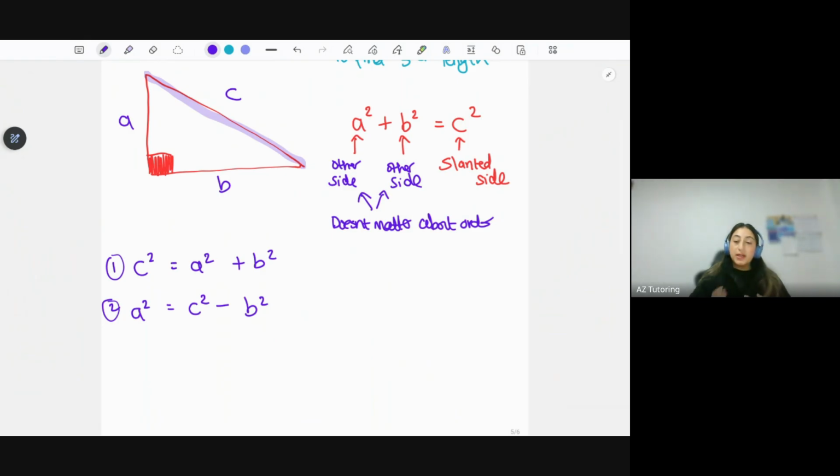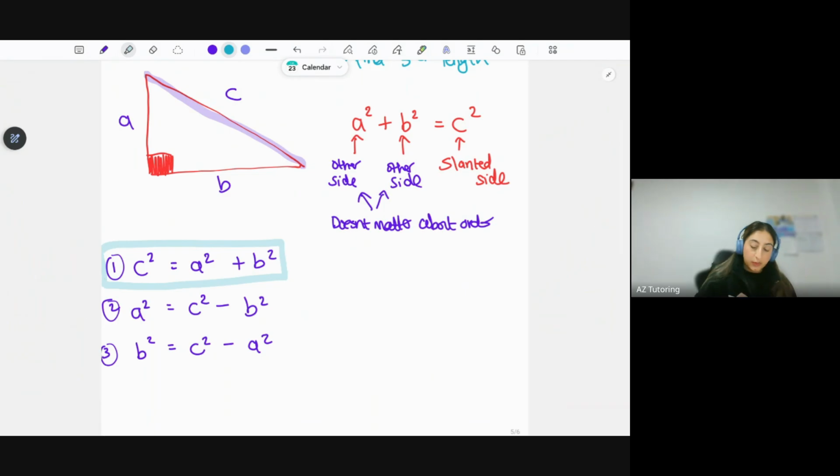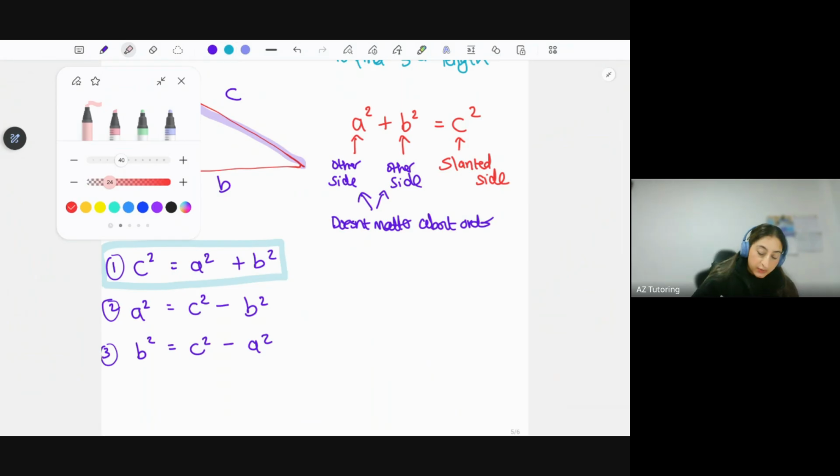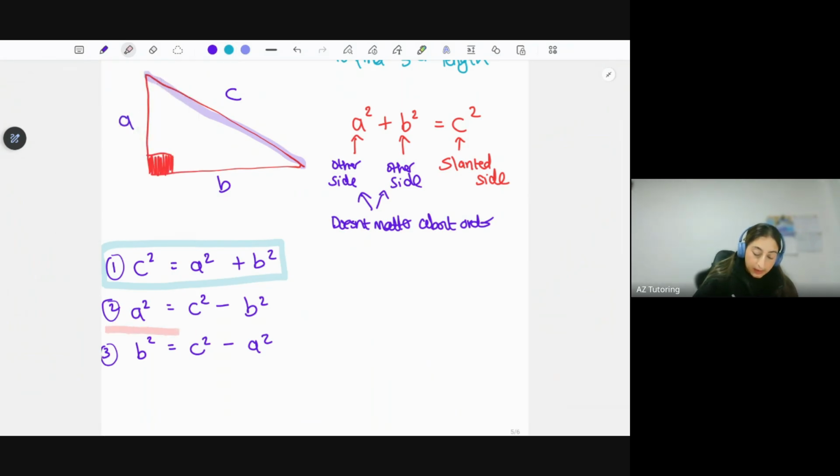And if they give you C and A and they tell you to find B, B squared is going to equal C squared minus A squared. So this is your main formula, the main one that you need to know, and these are just your rearranged formulas that are handy to know as well, so you're not working it out.